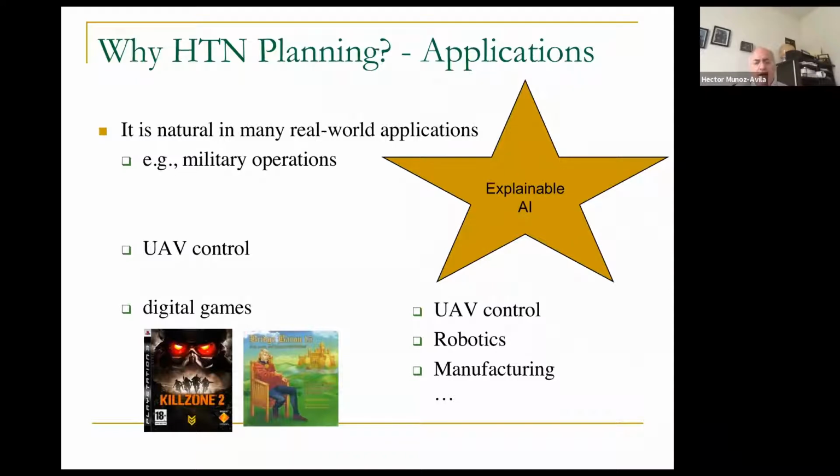Related to that, perhaps some of you are working on this very important problem of explainable AI, right? We want to see not only that the algorithm generated a plan, we want to understand how and why it came to that plan. Having a hierarchical decomposition provides a natural way to explain how and why that plan was generated.